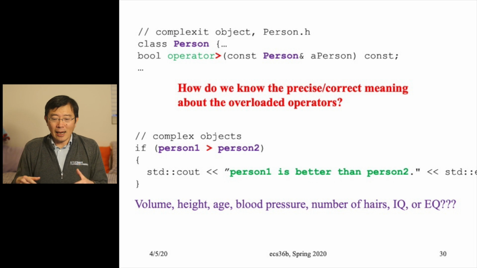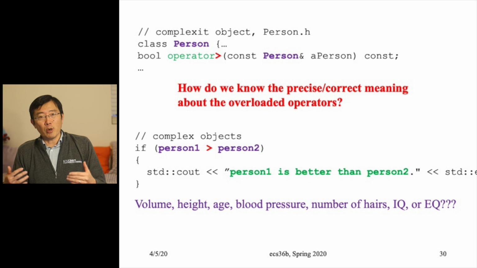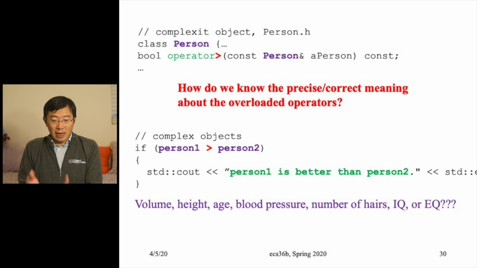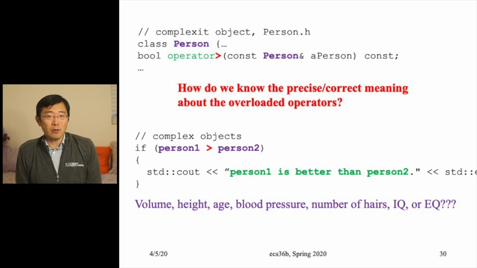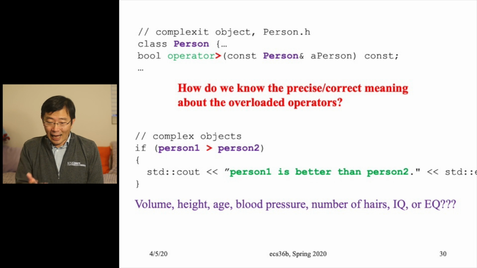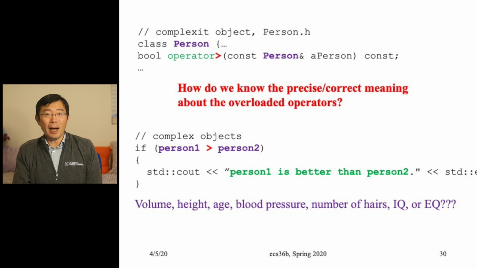I'm giving you an extreme example, but you can see that sometimes with operator overloading on two objects, when the objects are fairly complicated, there are so many things that could possibly be interpreted. So for me to use this code correctly, I have to know the precise semantic meaning of this overloaded operator.